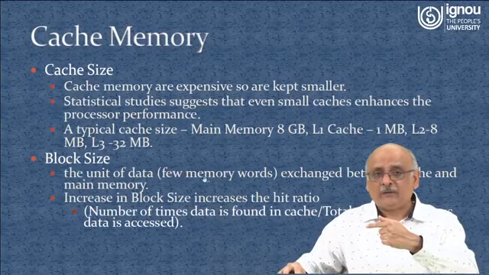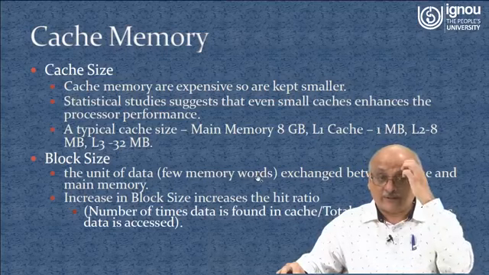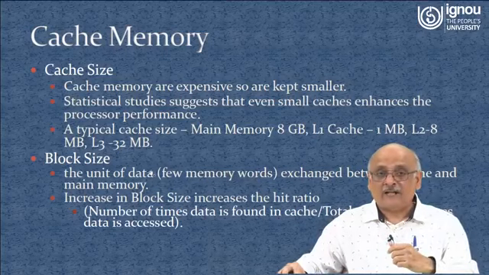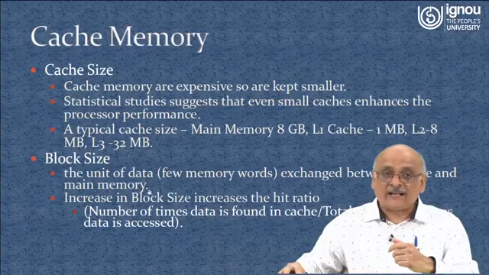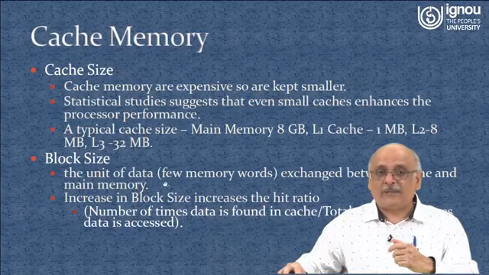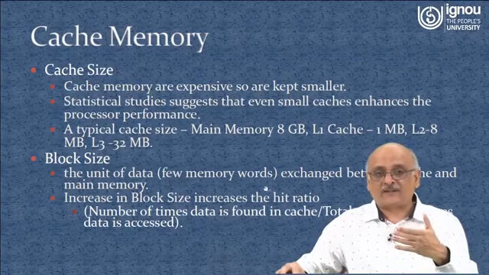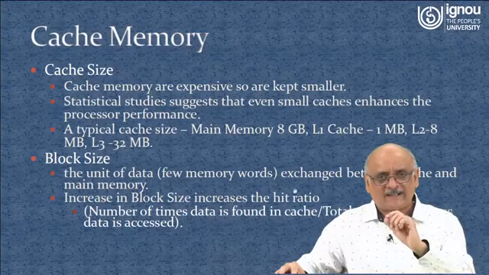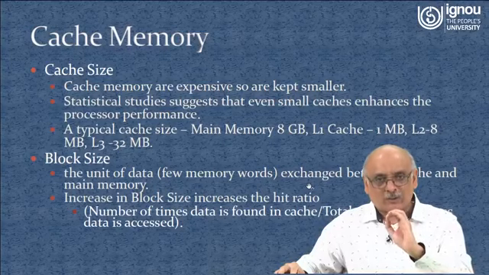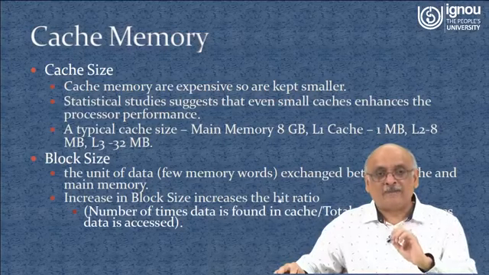It can be a few memory words, say 2 memory words or whatever. So this is how a block is identified in the context of cache only. Otherwise, main memory is just addresses. I'll try to explain this with the help of an example, so just hold on to this concept for a moment.